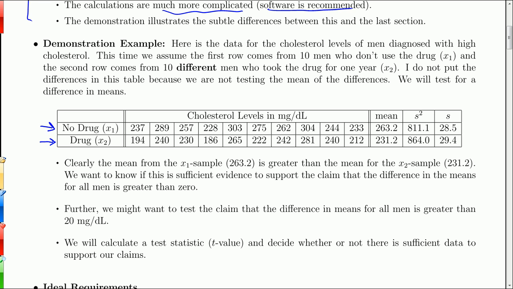It is no longer a before and after situation. The makers of this drug want to claim that their medication lowers cholesterol. So these are all cholesterol levels.